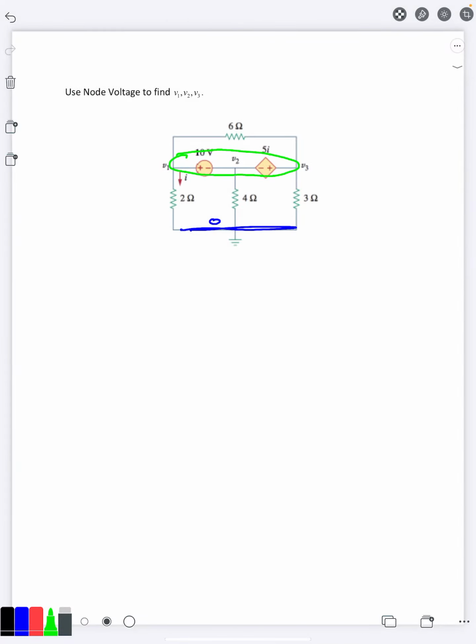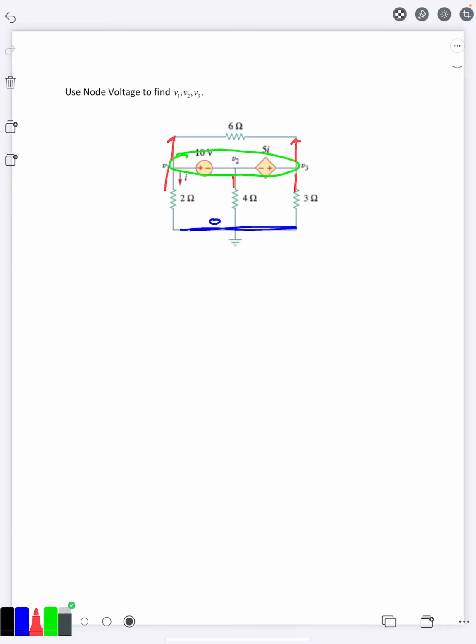And so at this point in time, if that's the supernode, we're looking at everything coming out of it. We're going to have these different currents here. However, if you notice something, this current going up and this current over here going up, they're really the same current in opposite directions. And so those are going to end up canceling out.